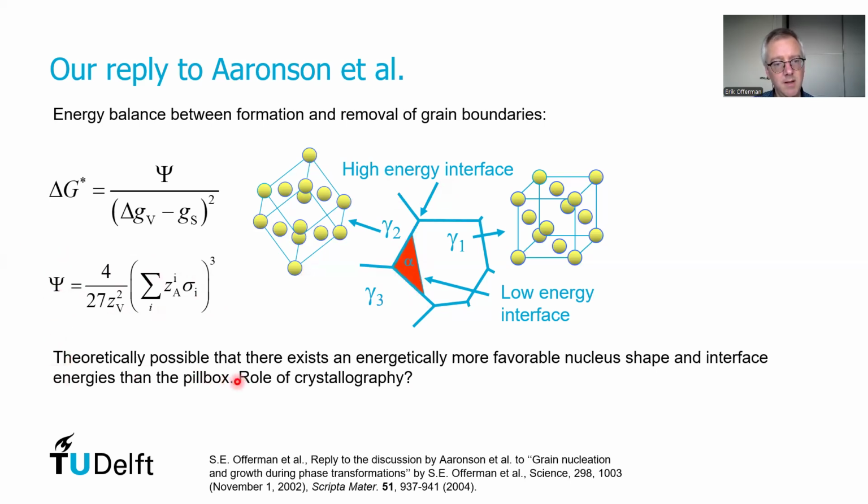So theoretically, it might be possible that there is an energetically more favorable nucleus shape and interface energy than the pillbox. And then the question is, what is the role of crystallography? Because in order to form these low interface energies, the prerequisite is that you need to have special crystallographic orientation relations between the austenite and the ferrite.